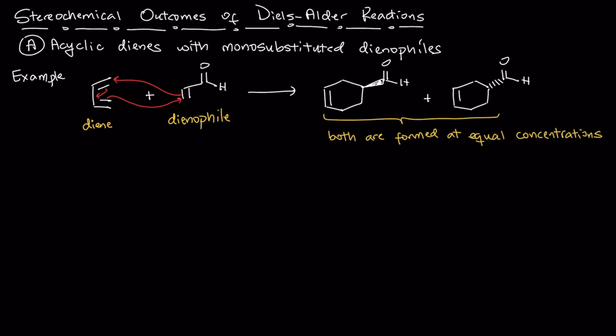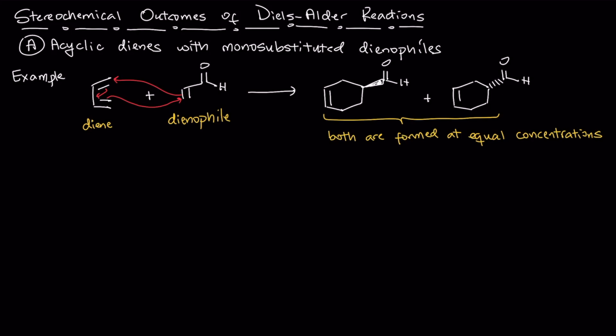And both of these enantiomers are formed at equal concentrations. So we have a racemic mixture of both of the enantiomers in our flask. So the question is, why are we forming both of these stereoisomers at equal concentrations?